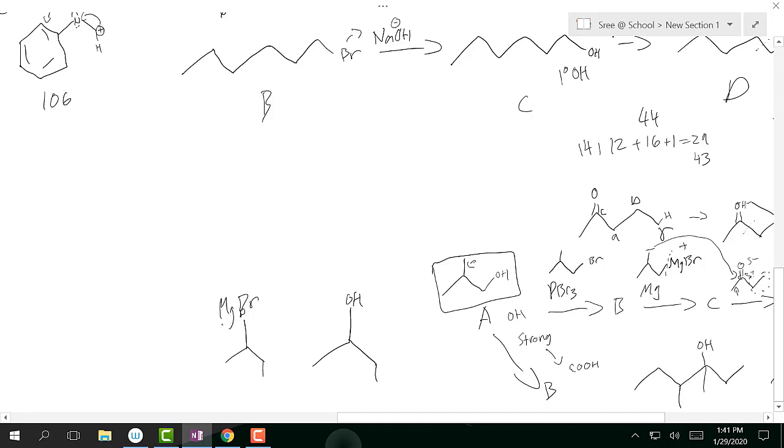So when you oxidize this to get here, yeah, you should get a ketone that looks like this. Okay, and then you can use it for the other side. Yeah, you should get the same thing though.